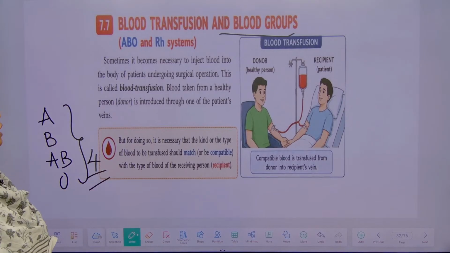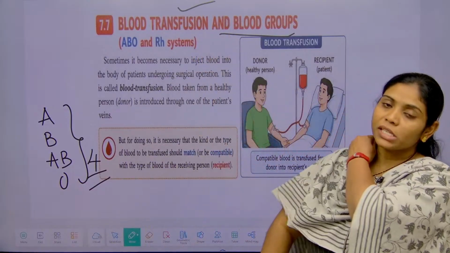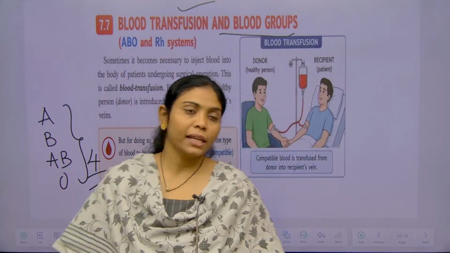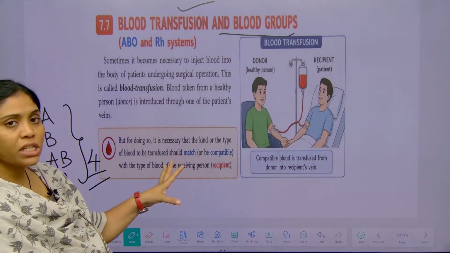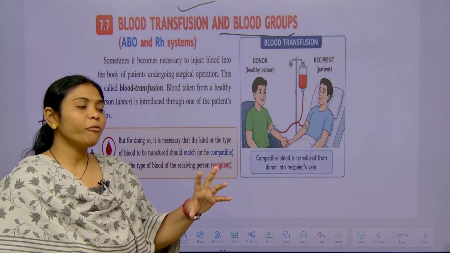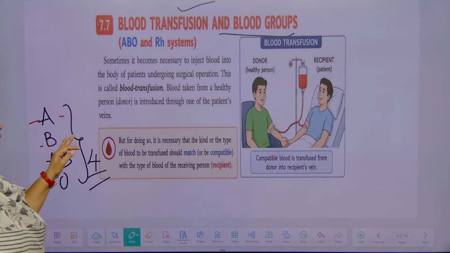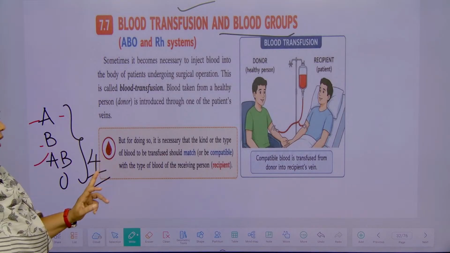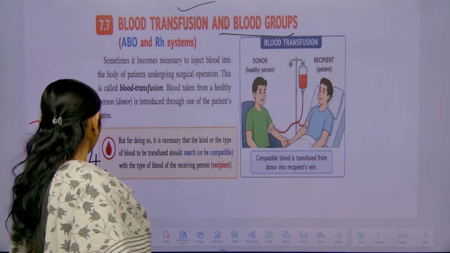When a blood transfusion is needed, for example if an accident occurs and severe blood loss happens, mostly the transfusion will be with the same kind of blood: A blood group can be given to A, B to B, AB to AB, and O blood group to O blood group.